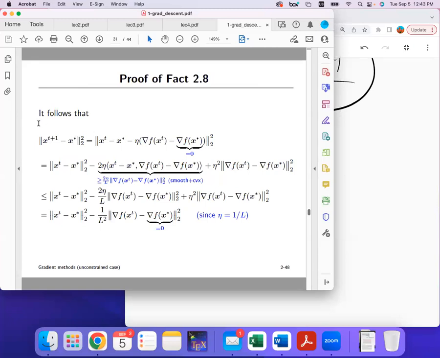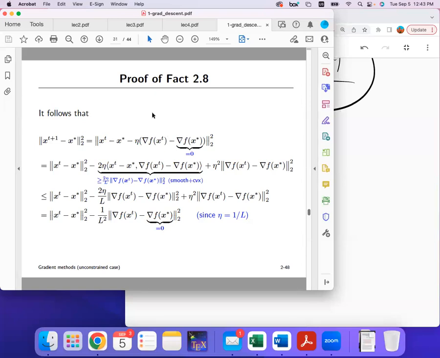Again, we start from t plus 1 and go to time t. By the update rule, we know x_{t+1} is x_t minus the gradient times the step size. And here I introduce this term again because this is a gradient at the minimizer, so it's just 0. So the first step is just plugging in the update rule. Then in the second step, I'm going to expand this quadratic term. This is a distance to the power of 2.